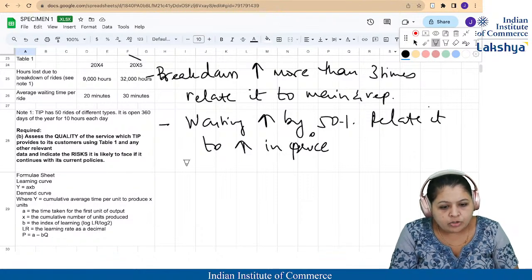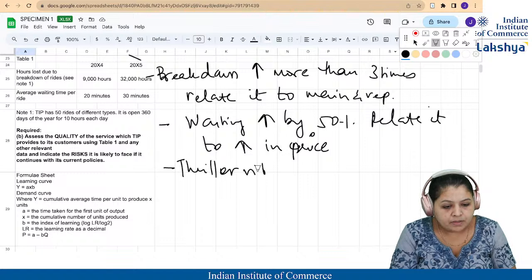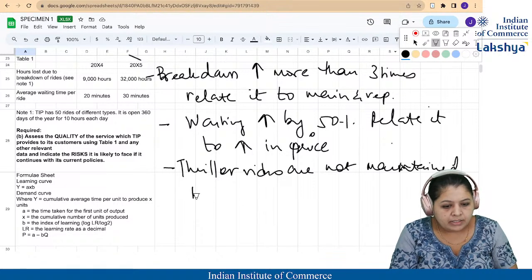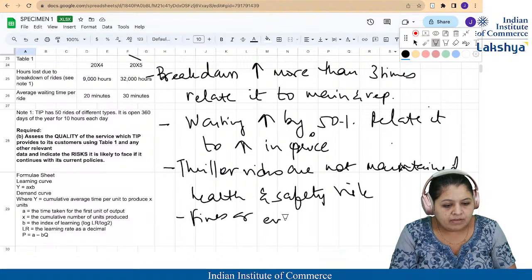Now, it also talks about risk, right? So we can say that if the thriller rides are not maintained, it's a health and safety risk which can lead to fines or even shutdown.